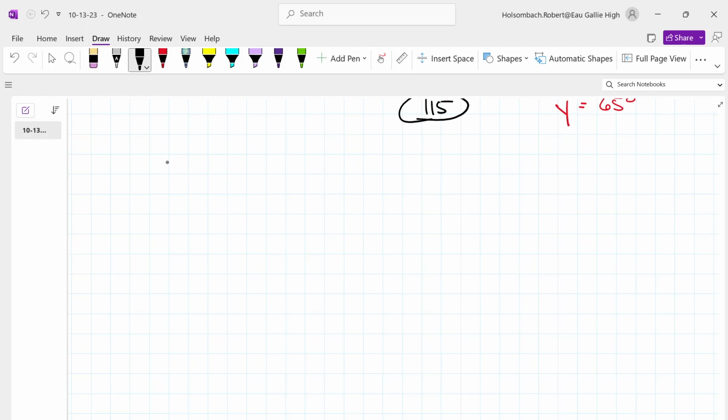Page 250. Two through 11. And 17 through 20.